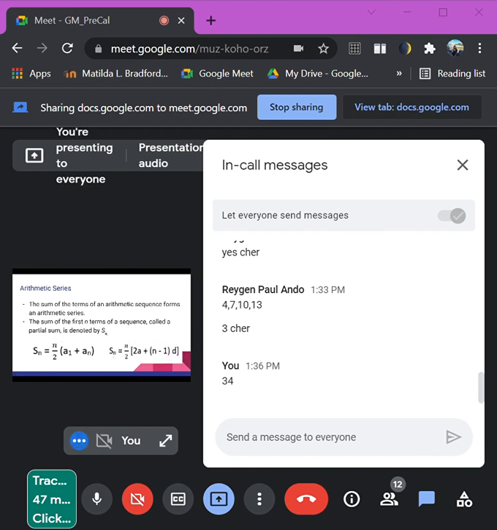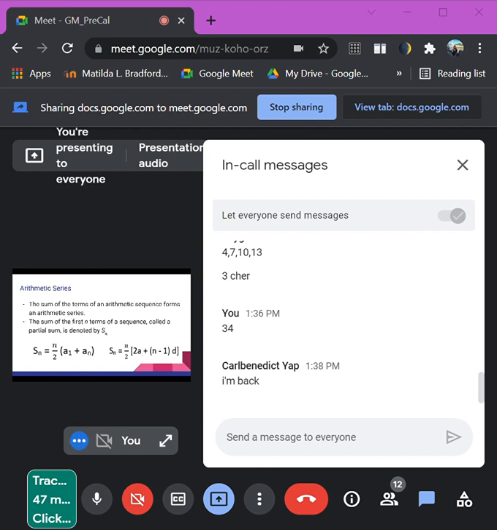So we have here S sub n equals n over 2. Again we substitute what we are looking for, which is 10, and then 2 times A sub 1, which is your first term, plus what you are looking for minus 1 times your common difference of 3.